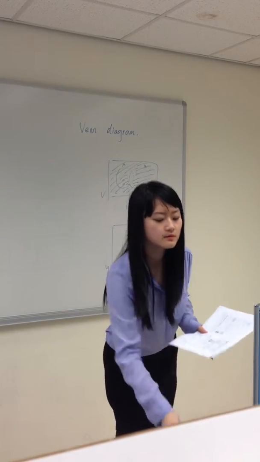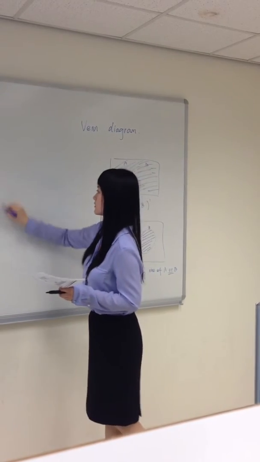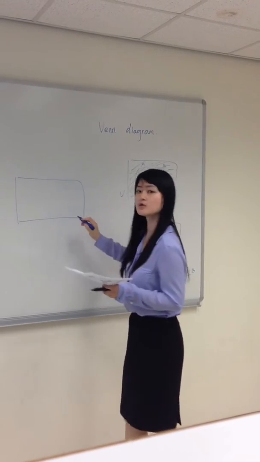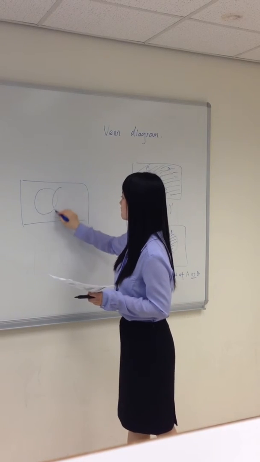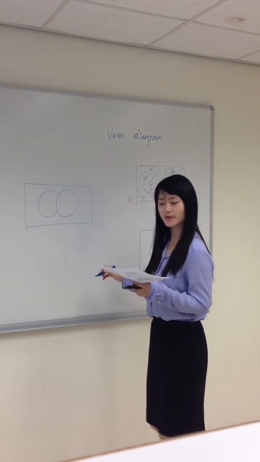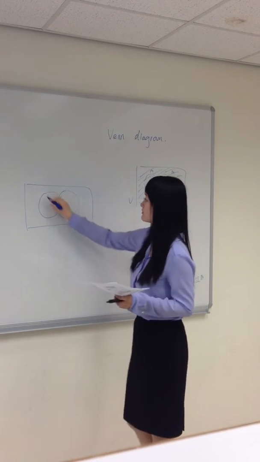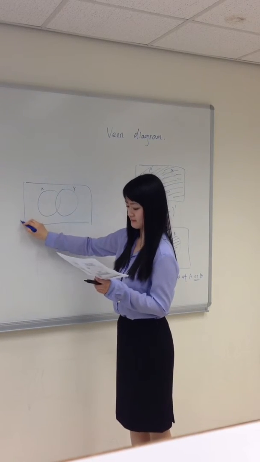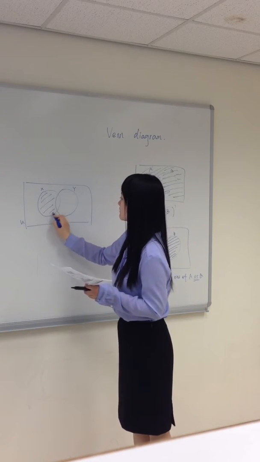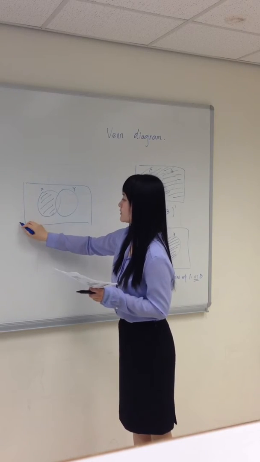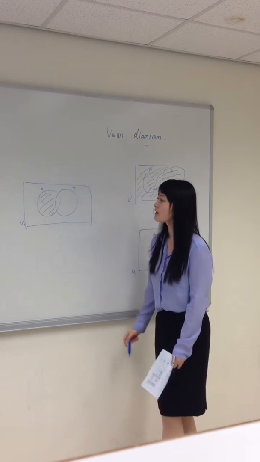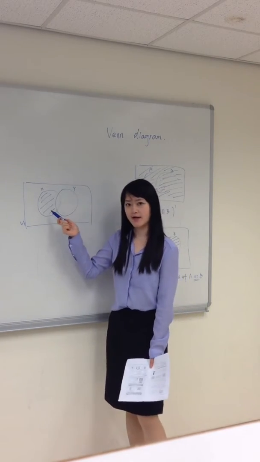Okay. Now, we would do another way, which is to describe in words the shaded region. How to describe this region in words? This one means it is in X, right?